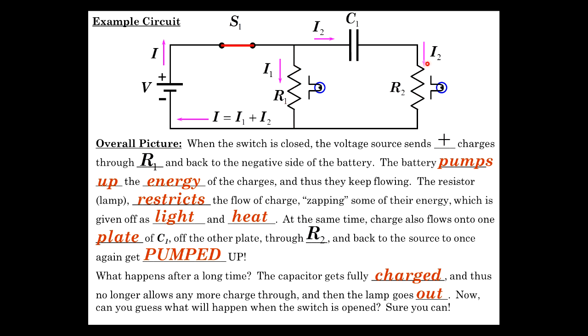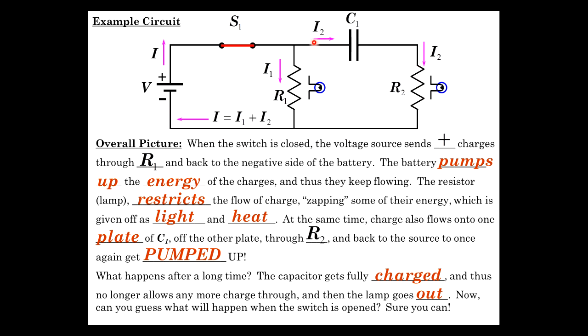And around like this through this resistor, which is, notice, the opposite way that I2 was flowing originally. In this case, the capacitor is acting like a battery, and it pushes this charge through R1 and R2. So before, the battery just had to go through this one resistor back to the source, and another path around here, a separate path.